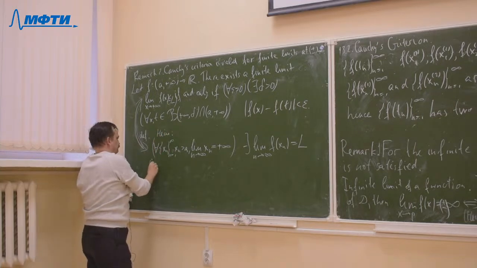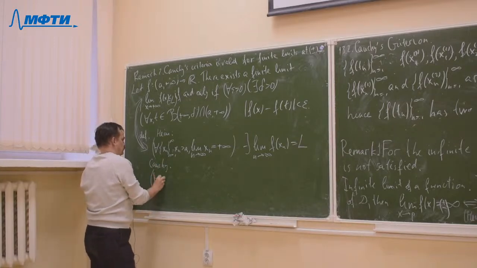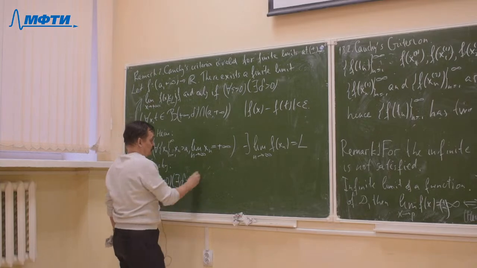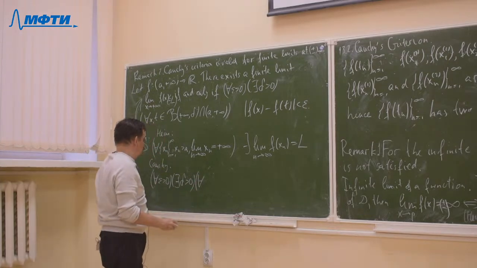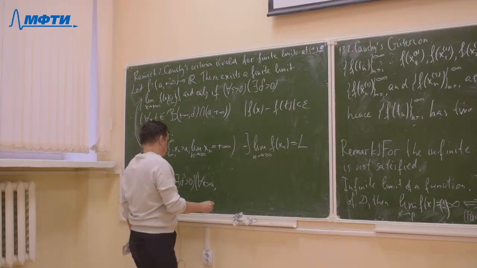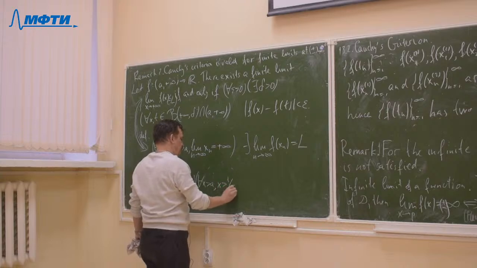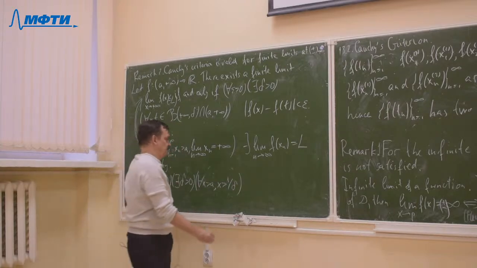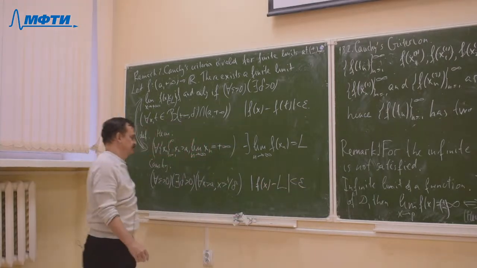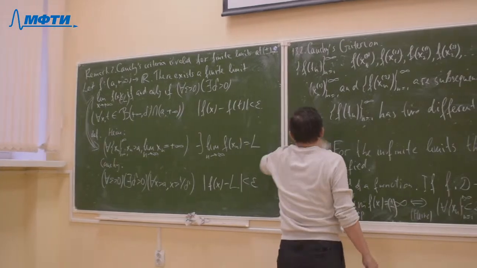And Cauchy will be: for arbitrary epsilon greater than 0, there exists delta greater than 0, such that for all x greater than a and x greater than 1 over delta, we have |f of x minus L| less than epsilon. That is Cauchy.